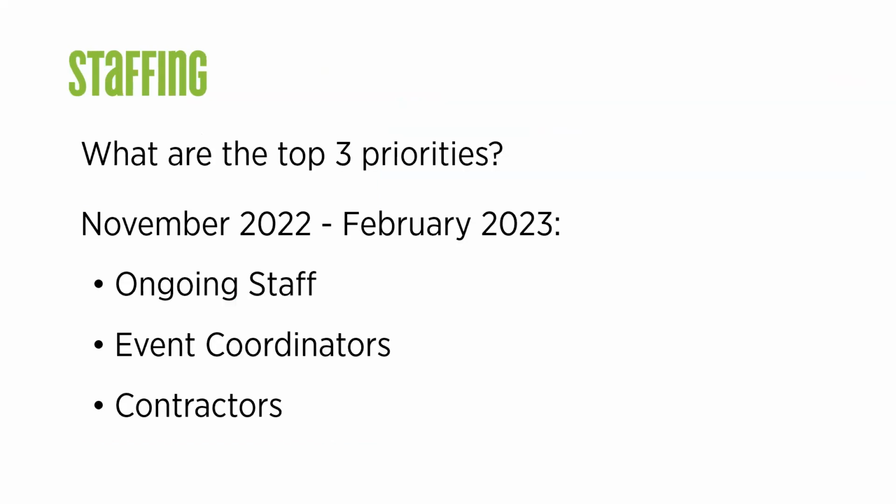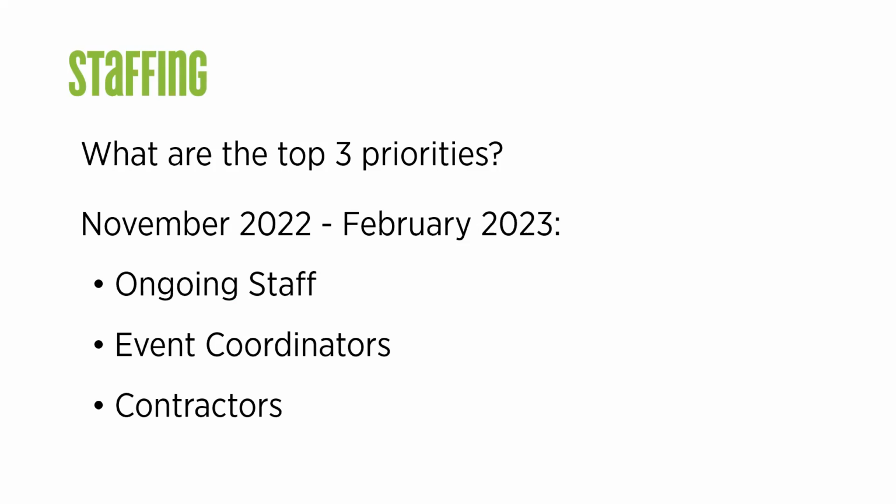The third grant available this round is for staffing. And that again is to pay for either existing staff or new staff, to pay their salary or to pay for costs of hiring them November 2022 through February 2023.